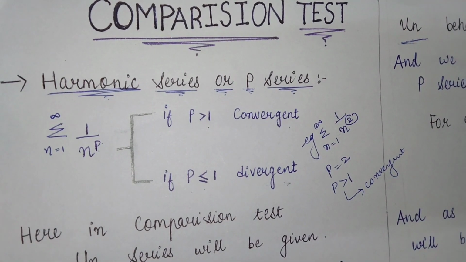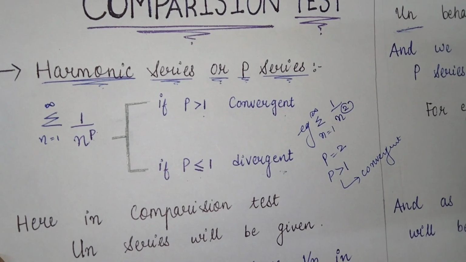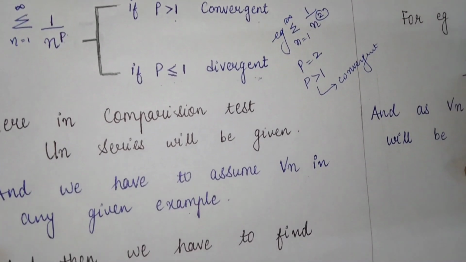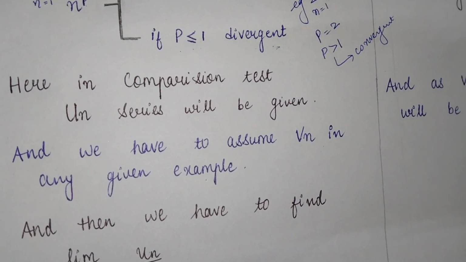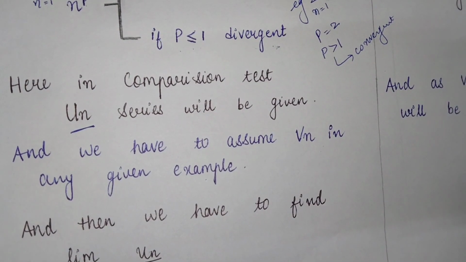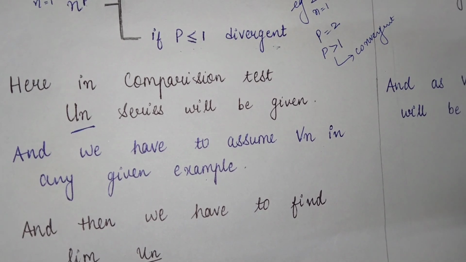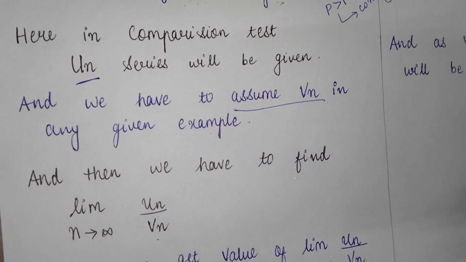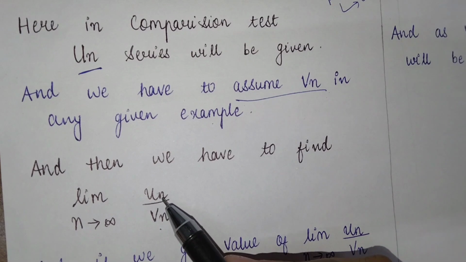Now we will use this P test in the comparison test. But what is the meaning of comparison test? In comparison test, Un series will be given to you in any example, and we have to assume Vn. Then, after finding Un and Vn, we have to find limit n tends to infinity Un by Vn.